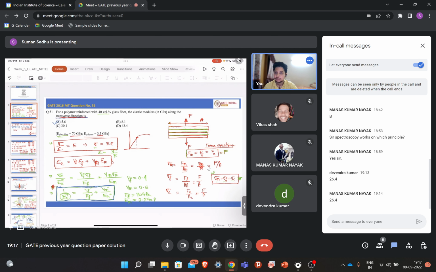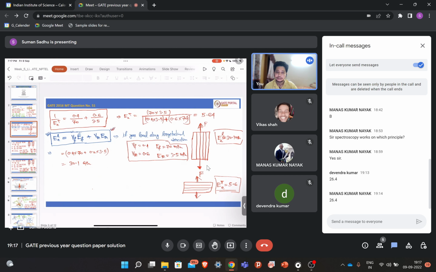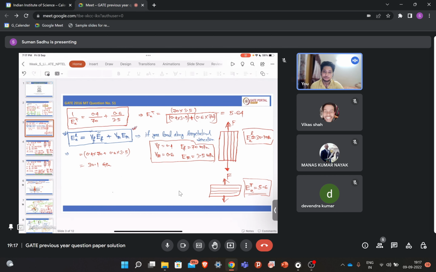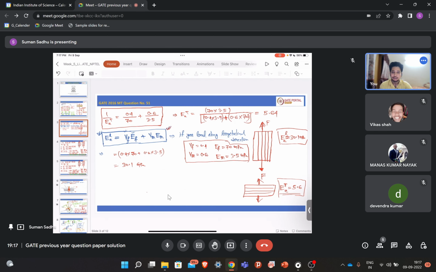One is this elastic modulus calculation, both in the transverse direction and in the longitudinal direction we have calculated. And what we found is that the elastic modulus in the transverse direction is less than the elastic modulus in the longitudinal direction. That means your composite is stronger in the longitudinal direction than in the transverse direction. So this was the first question.